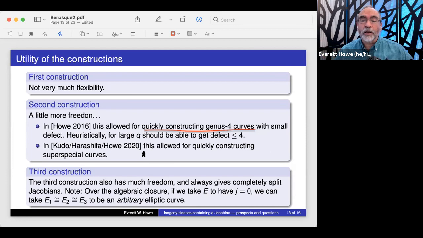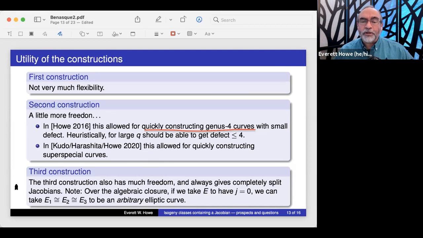Another application from last year was that Kudo and Harashita and I managed to quickly construct super special curves for various characteristics. I don't remember how far up we went, but it was certainly in the tens of thousands.